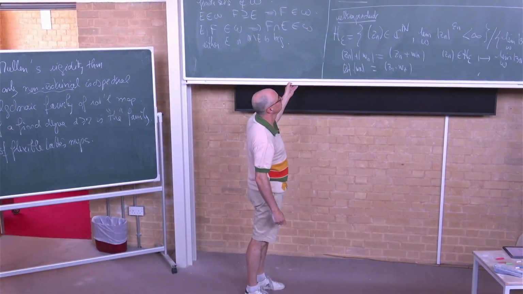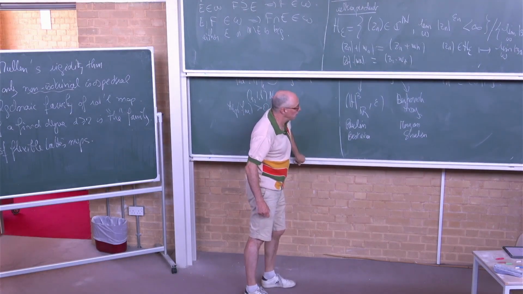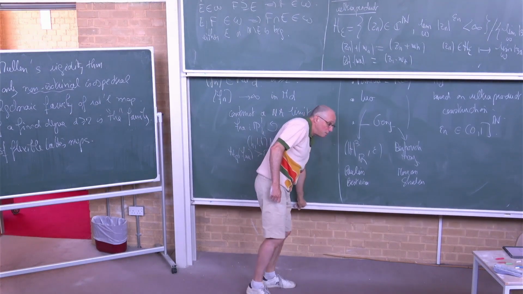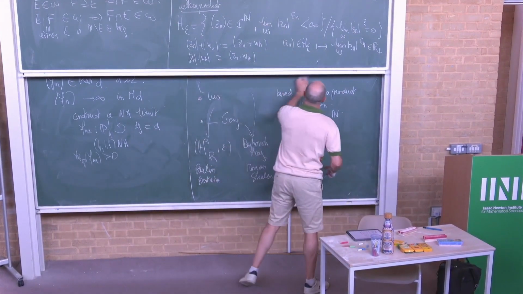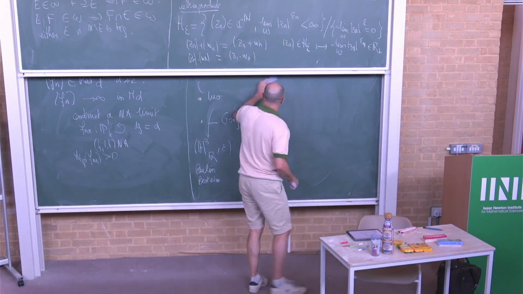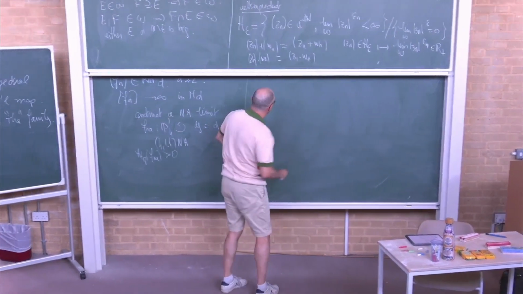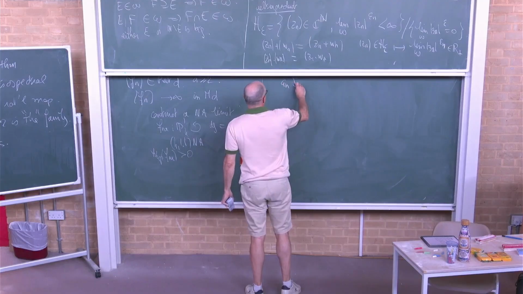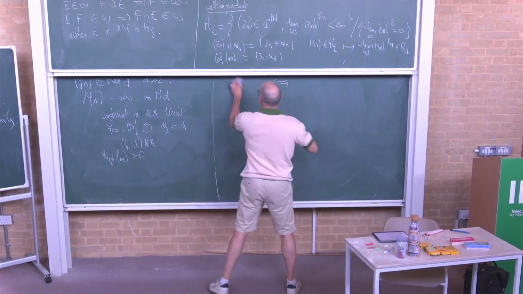Okay. So observation: as soon as epsilon_n is converging to 0 along omega, then this norm is non-Archimedean.